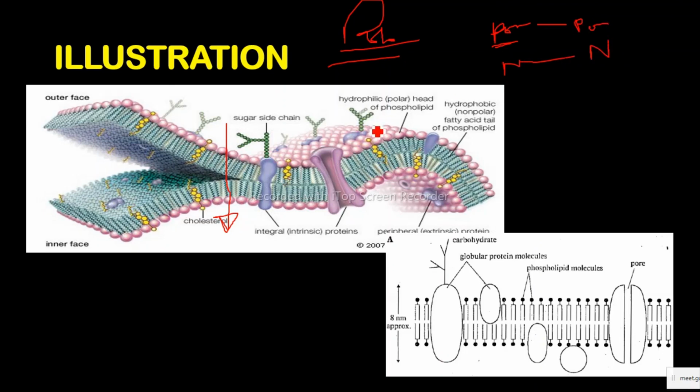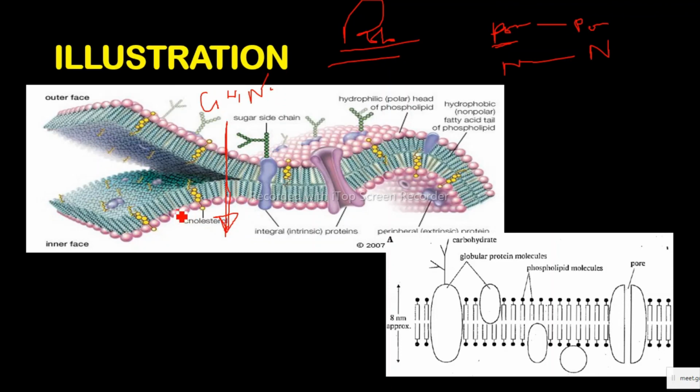So now, if you are polar, for example, glucose, for example, water, the ions, sodium ions, potassium ions, and so on, it is not easy to cross this membrane. Not easy at all. Why?